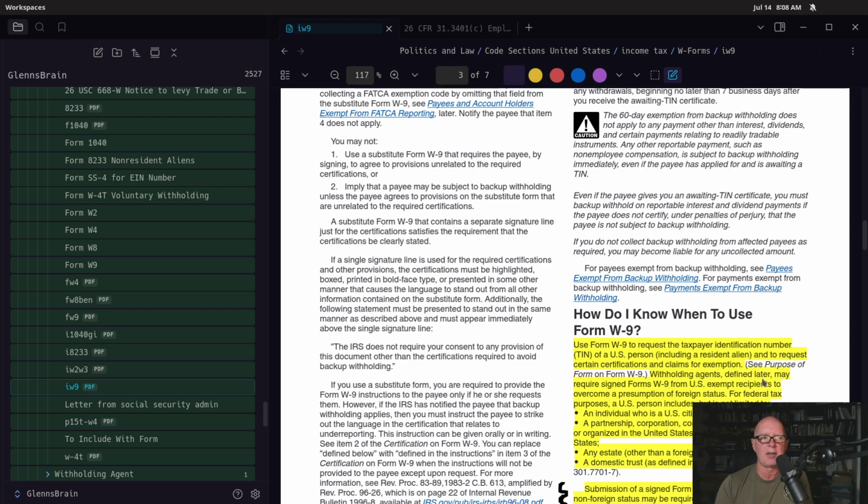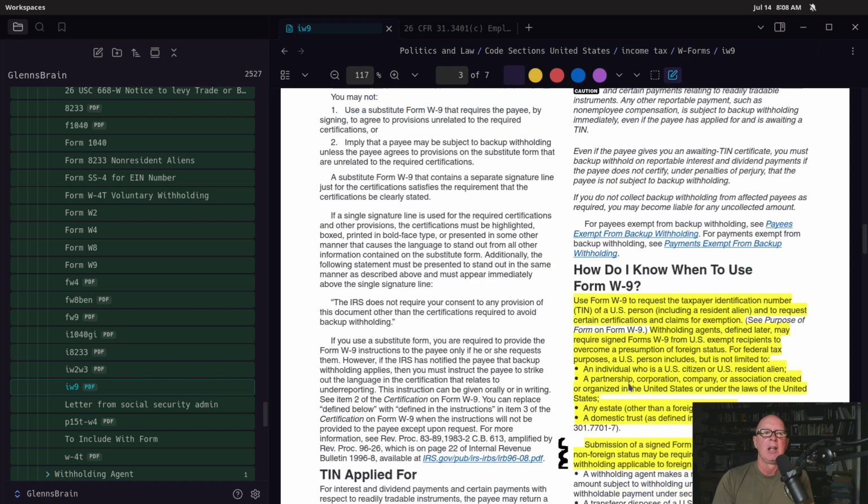Withholding agents, defined later, may require a signed Form W-9 from U.S. exempt recipients to overcome the presumption of foreign status. So they are presuming that you have a foreign status unless, according to them, you sign a W-9, which actually says that you're receiving money on behalf of a non-resident alien.